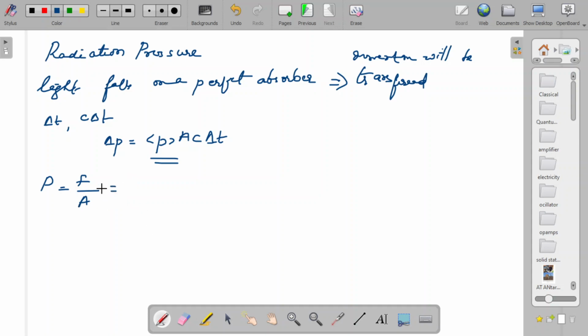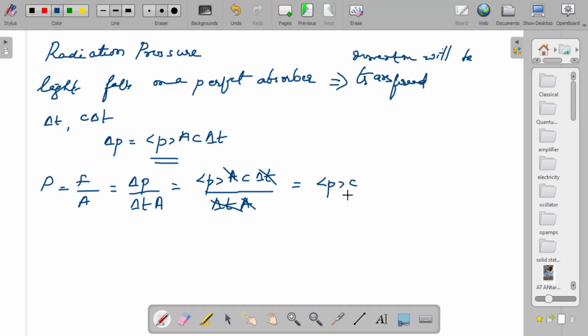That is the rate of change of momentum, that is the change in momentum with respect to time, which can be written as delta P by delta T, over the area A. You have already found delta P: that is the average momentum P multiplied by area times c times delta T, divided by delta T times area. So this will get cancelled, this will get cancelled, and finally I get average P times c.